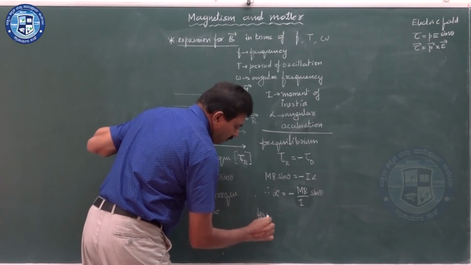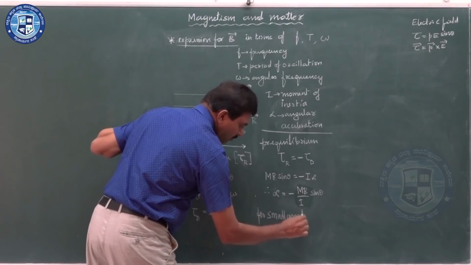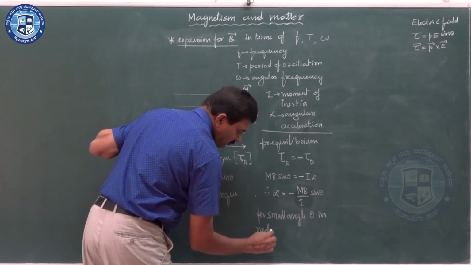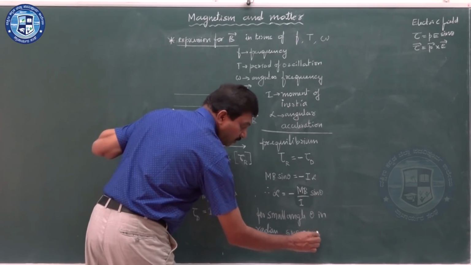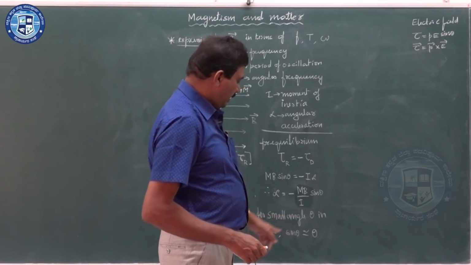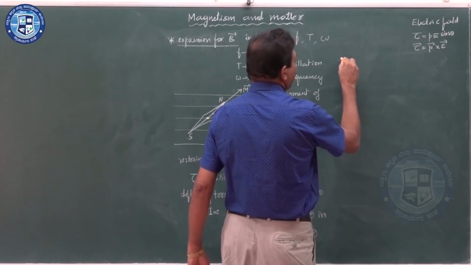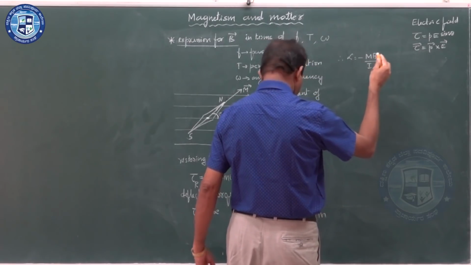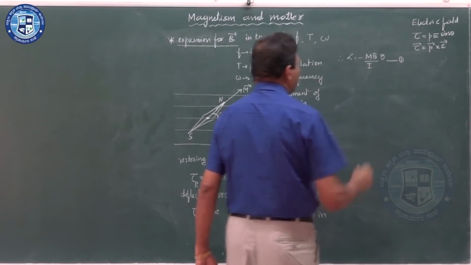For small angle theta in radian, sin theta is approximately equal to theta, because we are considering this theta in radians. That is very important. When theta is in radian, for small angle theta, sin theta is equal to theta. Therefore, alpha is equal to minus M B by I into theta. Let it be equation number 1.